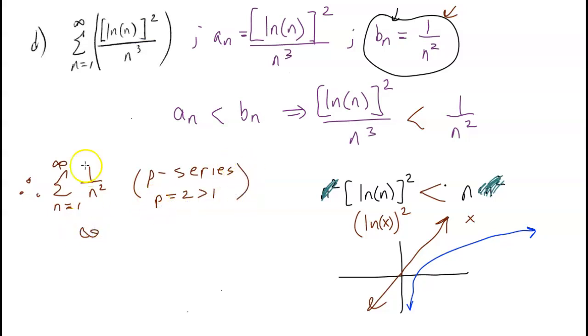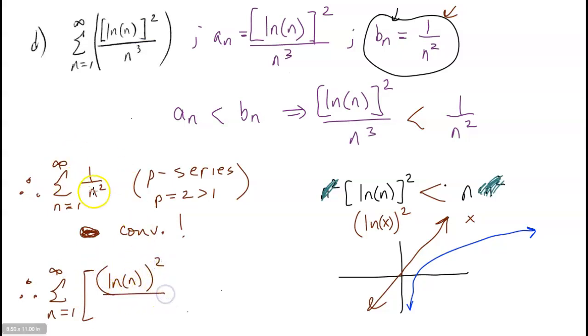So I know that this particular series will converge. Therefore, since this is the larger series and it converges, the smaller series will also follow suit and converge as well. And that's going to be via the comparison test.